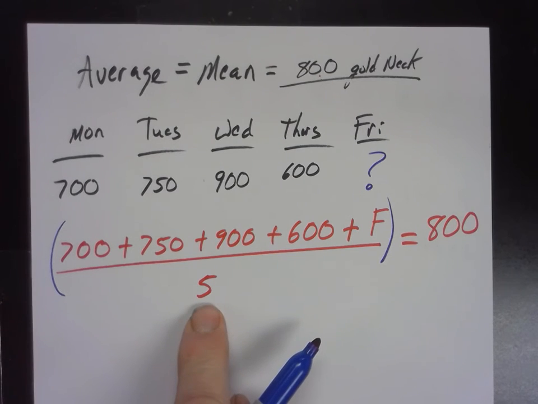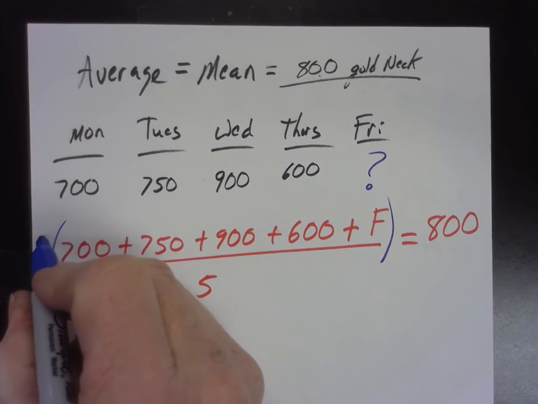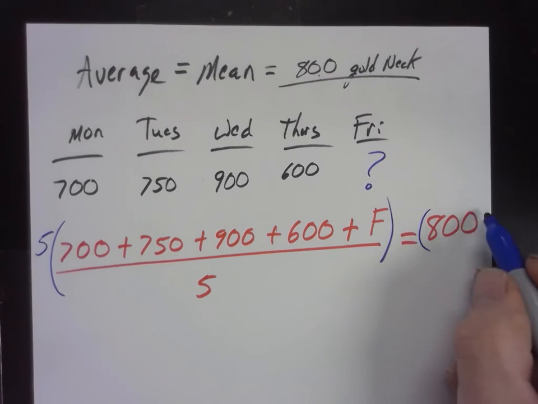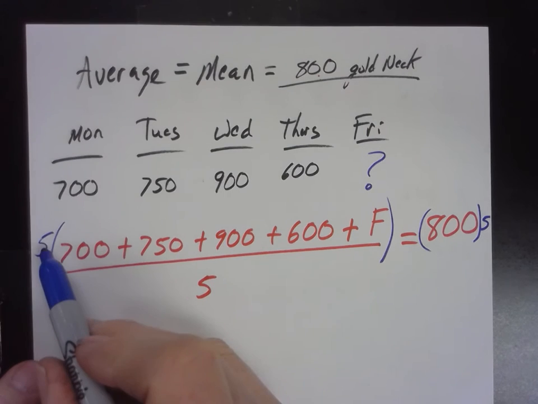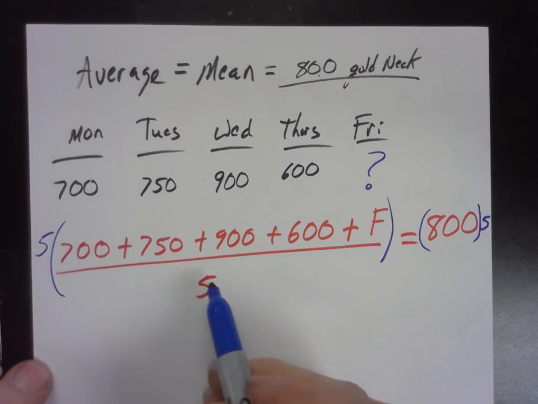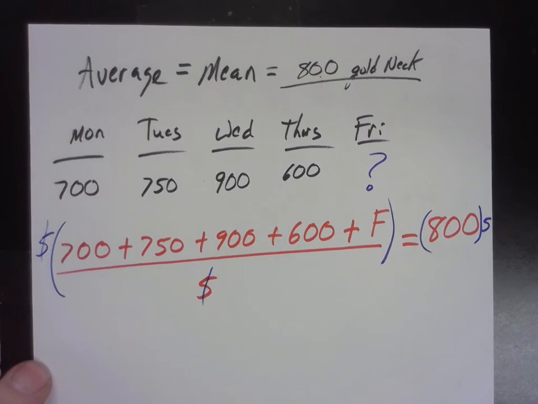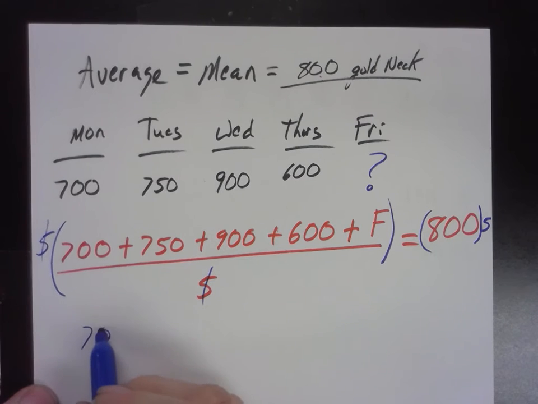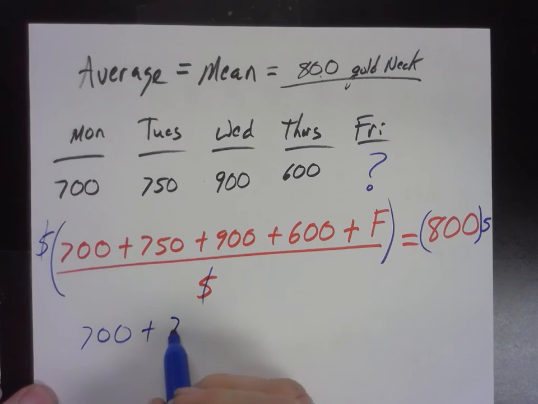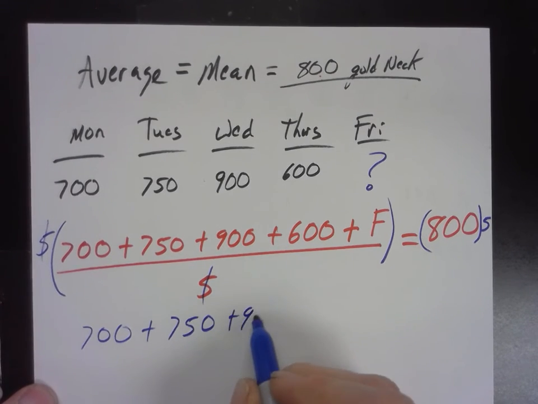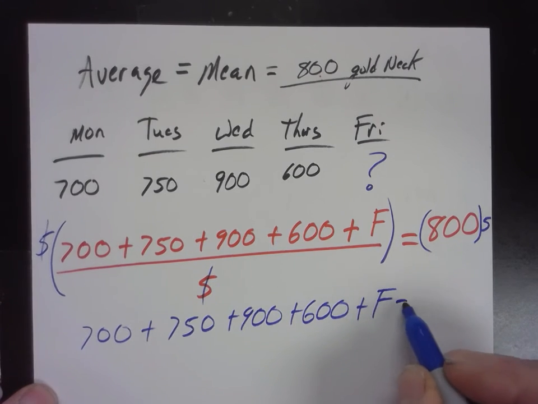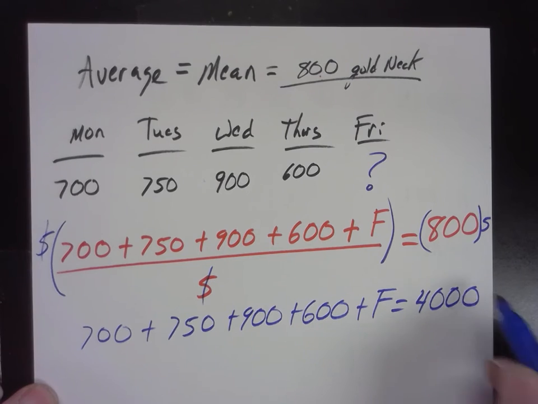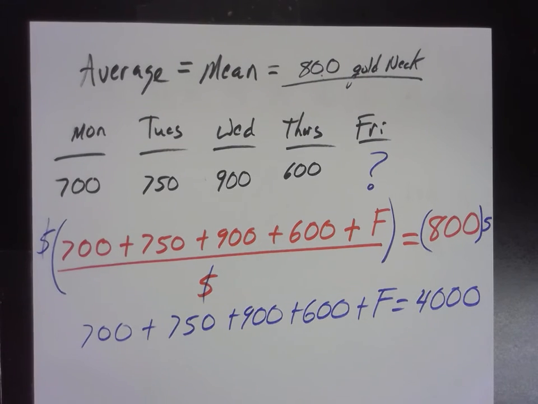Can we get rid of this 5? If we multiply both sides of the equation by 5, what's going to happen to this 5 and this 5? They're going to cancel out. And we get, now we could have added these together, but I'll just leave them separate still. That makes sense?